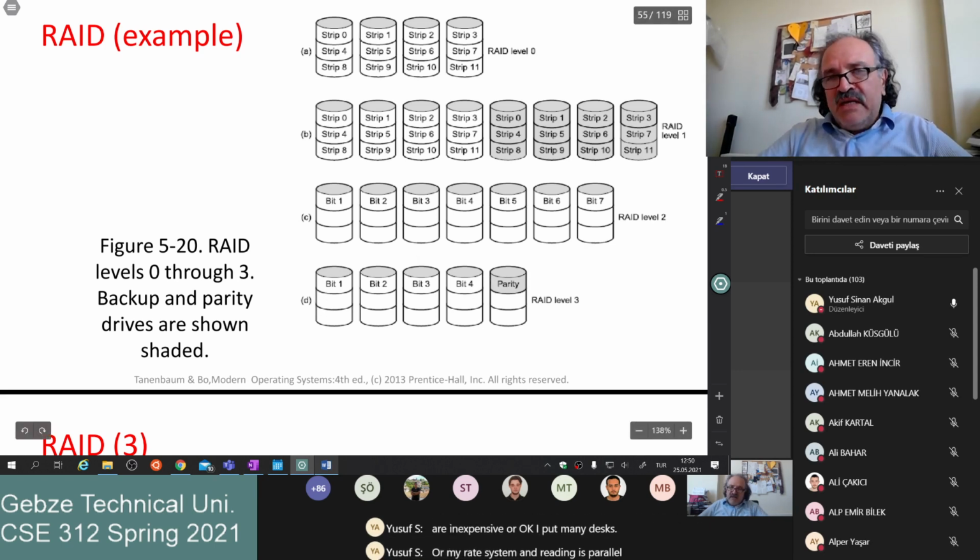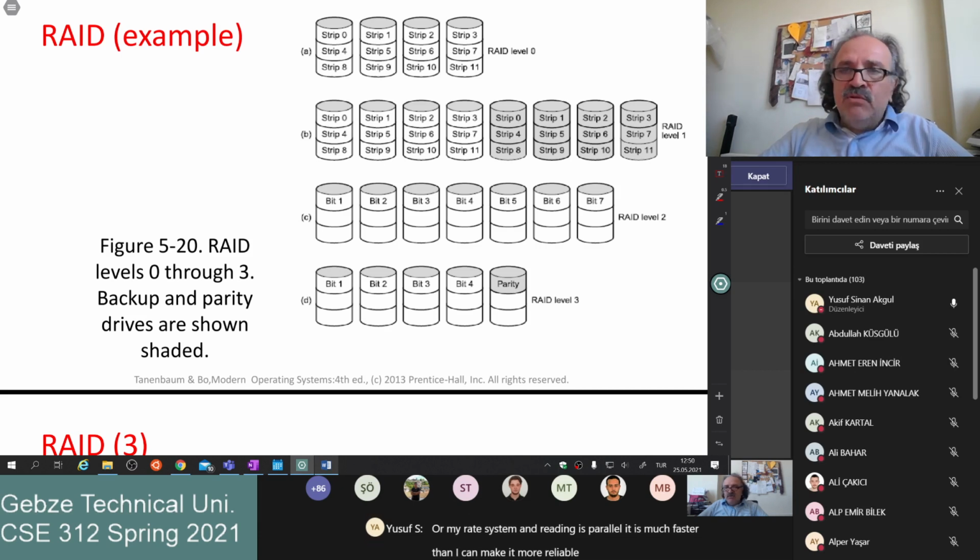It is much faster, and I can make it more reliable than a single disk too, if I spend more money. So it can be made both faster and more reliable.